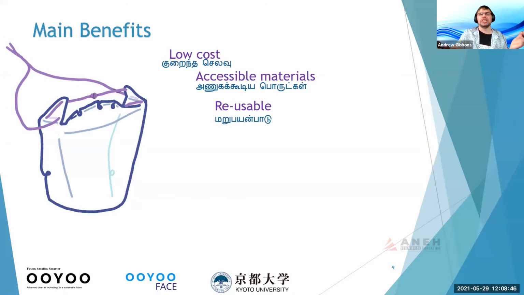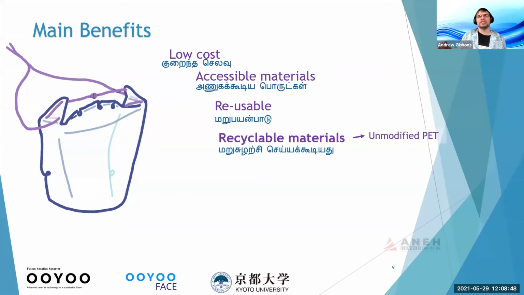And in this same idea, we also want to make the face shield with recyclable materials, because we don't want to be contributing to the environmental problem as much as possible. We know that, for example, face masks are disposable, and I don't know how many surgical masks are being used every day. So we wanted to make this at least something that you could reuse, and we recommend using materials that you can recycle at the end.